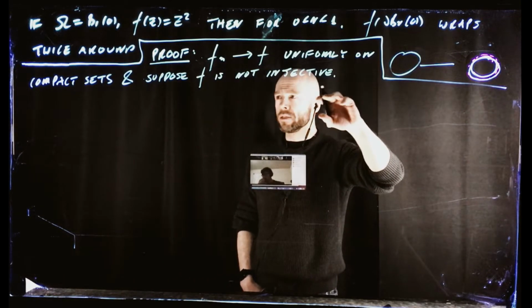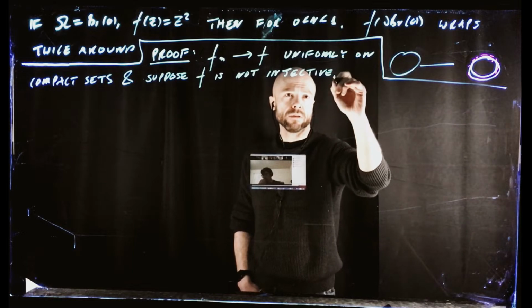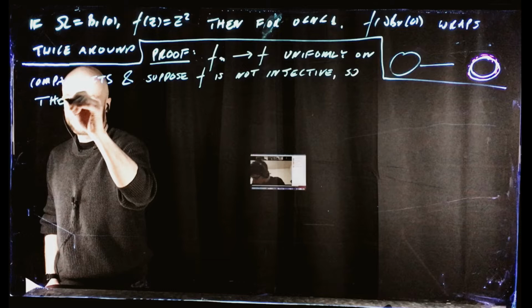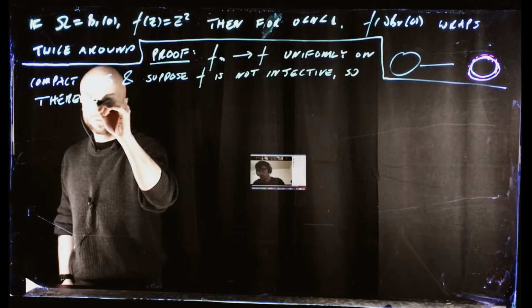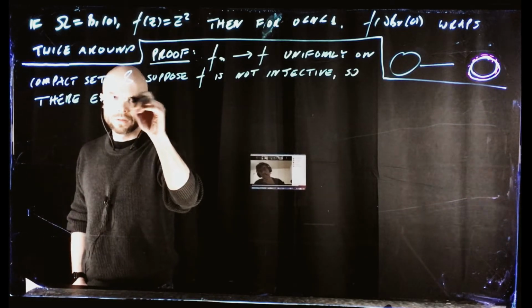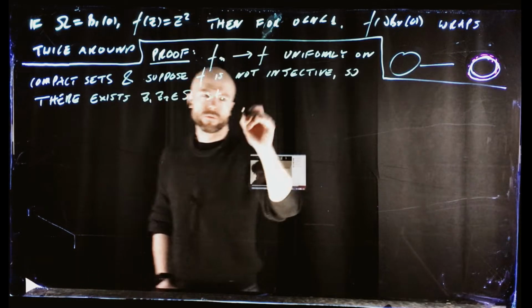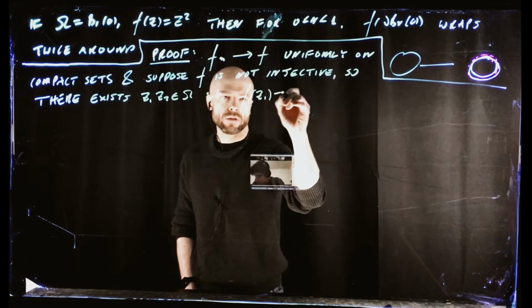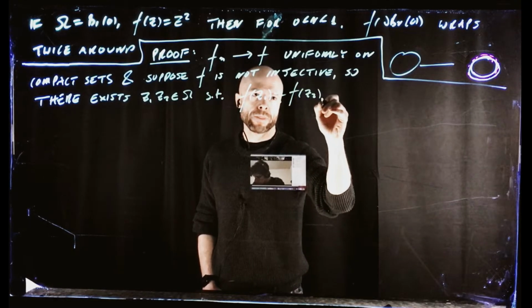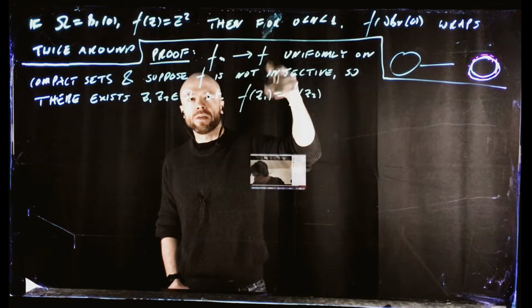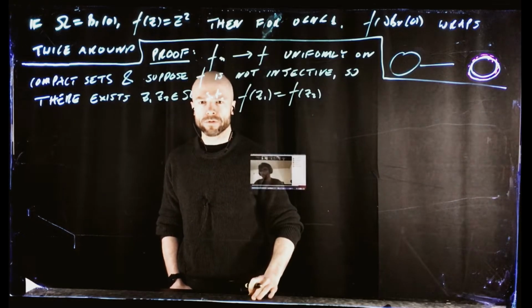Suppose that f is not injective. All right, so there exist z1 and z2 belonging to omega such that f of z1 equals f of z2. Okay? f, by easy things, is itself a holomorphic function.